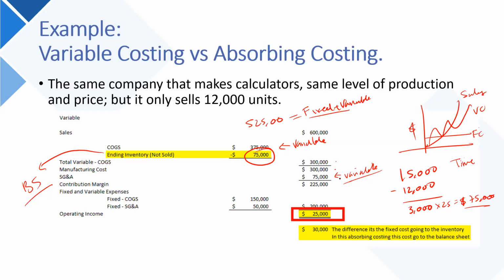No idea? It's on the operating expenses, listed as a fixed cost. We are not taking the proportion of the 3,000 units from the fixed cost. We are leaving it there. So there is a 30,000 extra cost, if you want to see it like that, listed inside this 150,000, that should have gone to the inventory. We didn't. It stayed on the profit and loss.